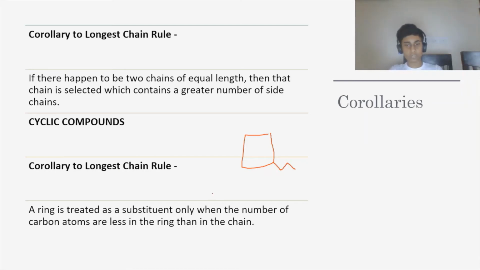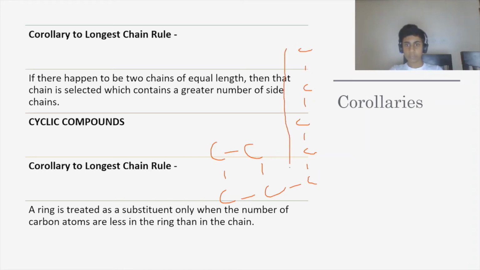So let's say we have a ring here. This is cyclobutane, and it's attached to another chain which has 5 carbon atoms. Then this will be the longest chain and the parent chain, and the ring will just be taken as a substituent.